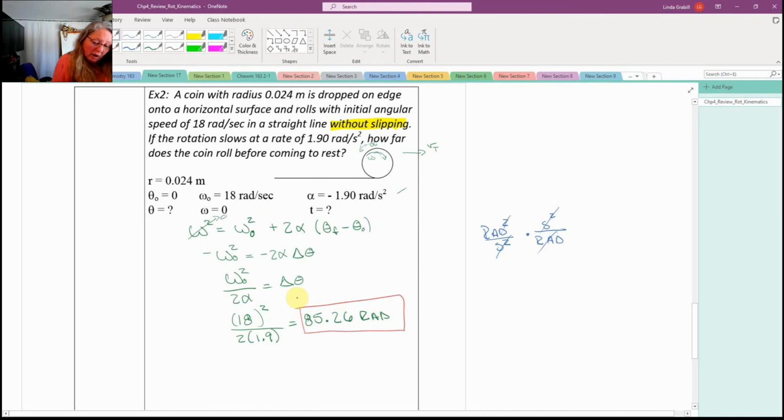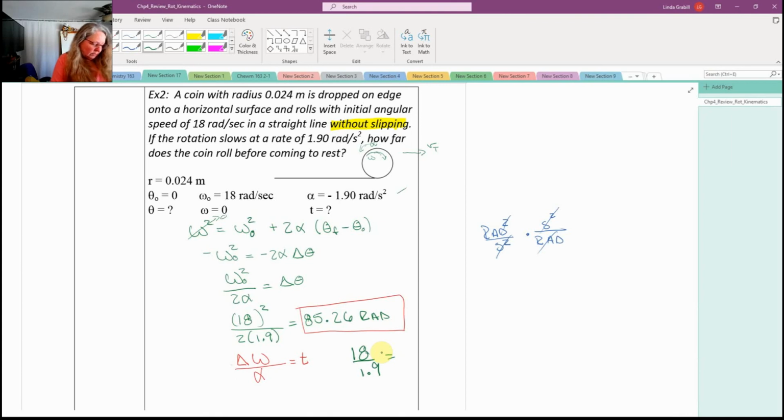So we know how far it goes. Okay, let's solve for time, just for funsies. Why not? We can do that with our delta omega divided by alpha equals time. So my delta omega is going to be 18 final minus initial, divided by 1.9. 18 divided by 1.9.